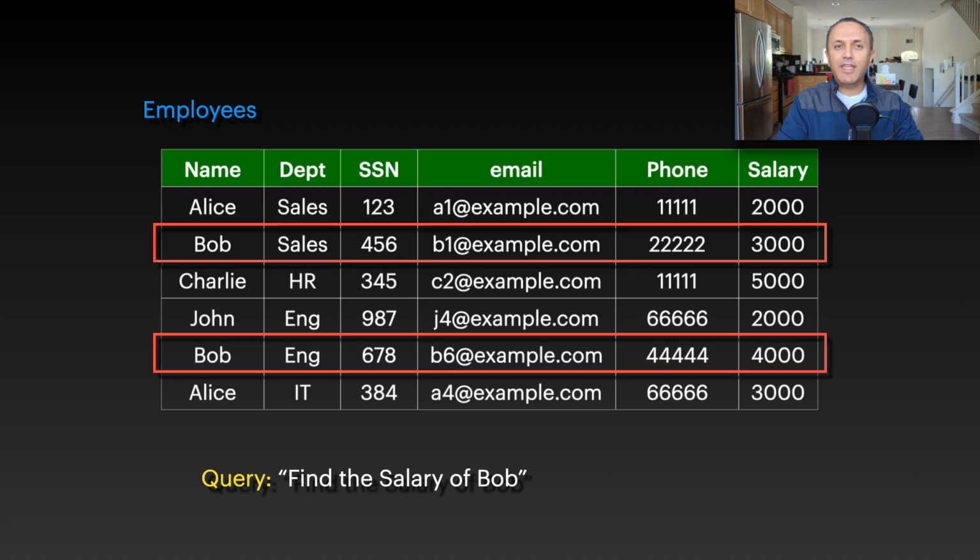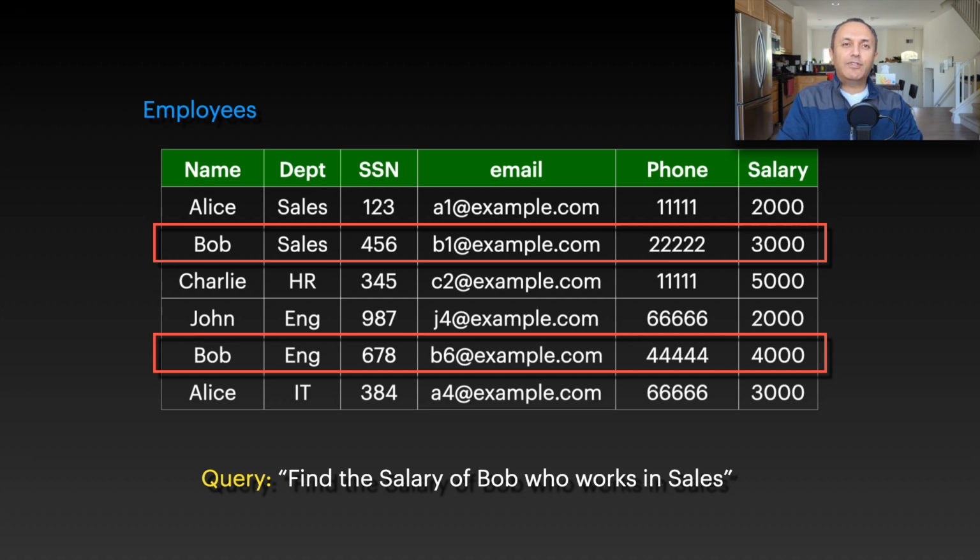So just the name is not sufficient to identify which employee we are talking about. Someone may say, okay, well, let's say Bob who works in sales. So this uses the employee and the department together to identify the employee we're looking for. In this case, that works because the two Bobs that we have, one works in sales, one works in engineering. So if we say Bob in sales, then this will help.